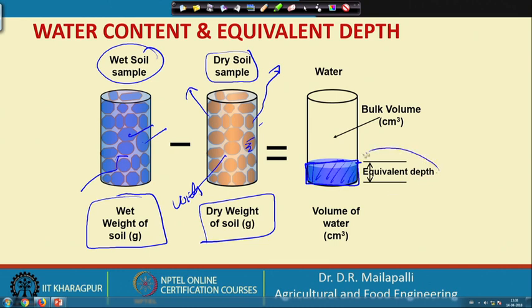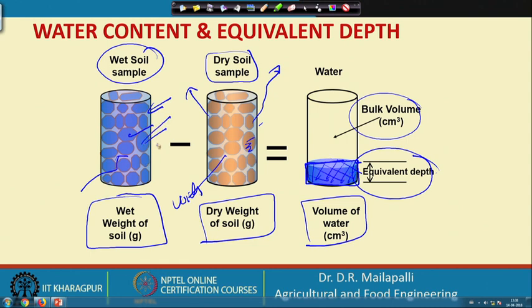This is called the equivalent depth, and this is the bulk volume. This way, the amount of water present in the cylinder is equivalent to this much water. If you take the solids out, the water occupied in the cylinder is this much.